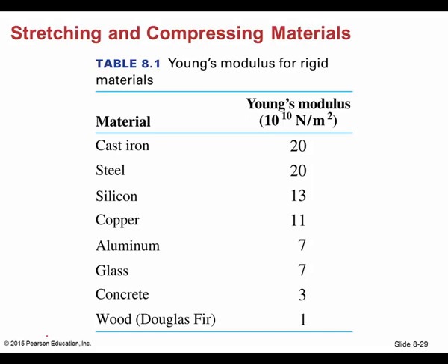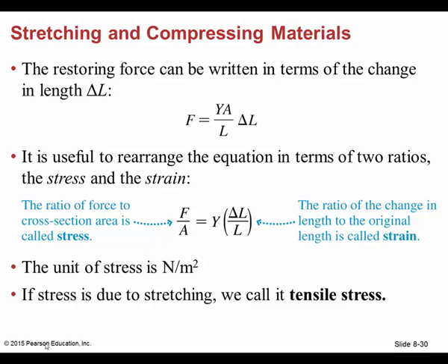All right, so notice that cast iron has a very high Young's modulus. Steel does too. Notice as we come down, it gets less and less and less, okay? In other words, the rigidity really drops off, doesn't it? Now, the restoring force can be written in terms of the change in length. So we can actually find the force required, or the force produced, when you have a material, the area of the material, the length, and its change in length.